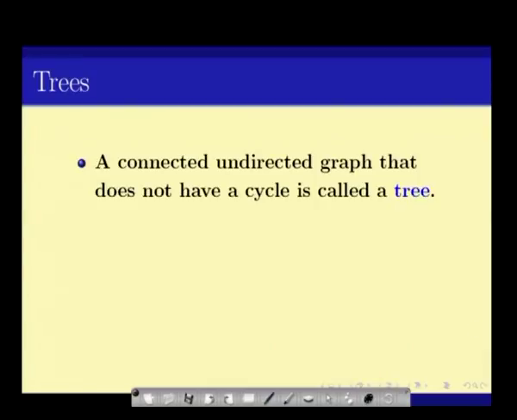Another very important concept is the concept of a tree. A connected graph that does not have a cycle is called a tree. A tree has some other properties. For example, a tree always has the number of vertices minus 1 edges.